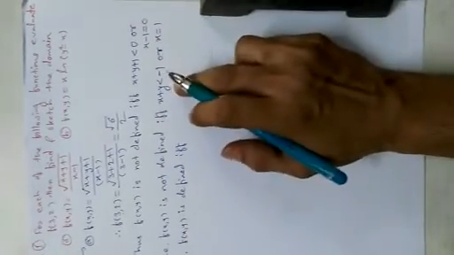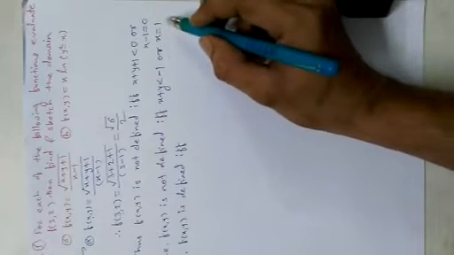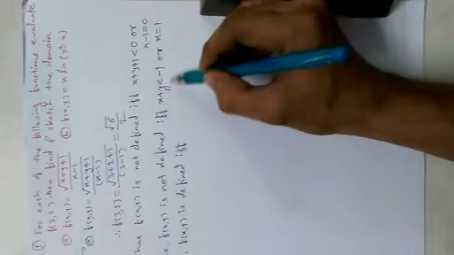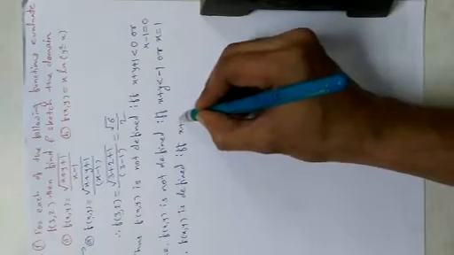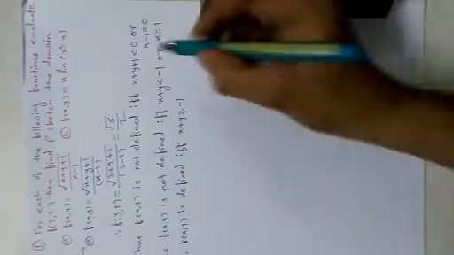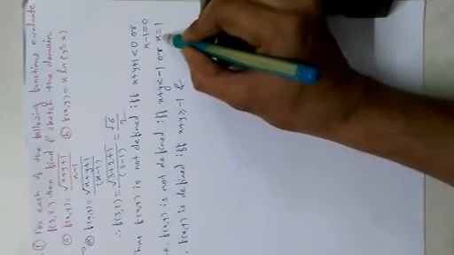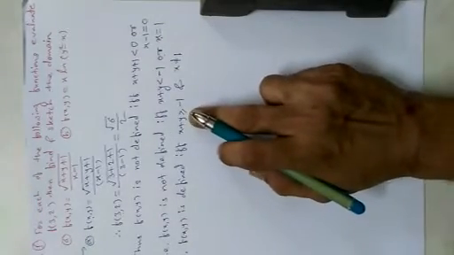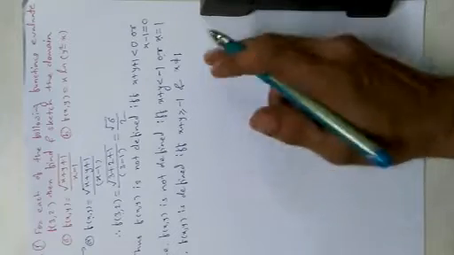Now we have to take the negation of x plus y less than minus 1 or x is equal to 1. The negation of the first inequality, x plus y less than minus 1, is x plus y greater or equal to minus 1. The negation of or is and. The negation of x equal to 1 is x not equal to 1. Thus f is defined if and only if x plus y is greater or equal to minus 1 and x is not equal to 1.